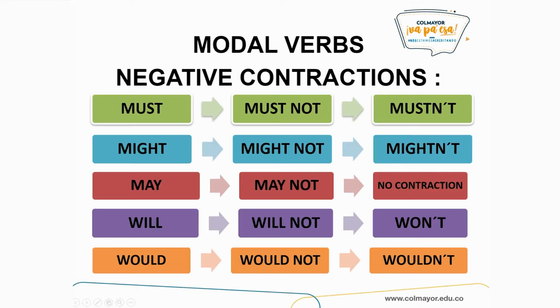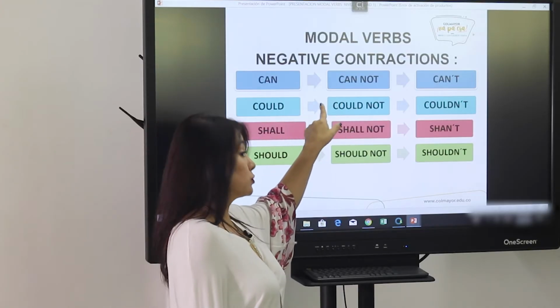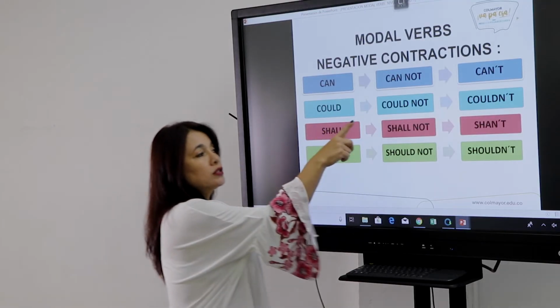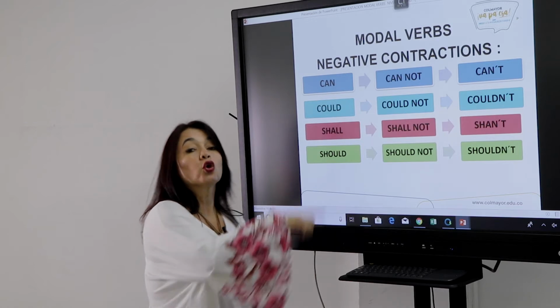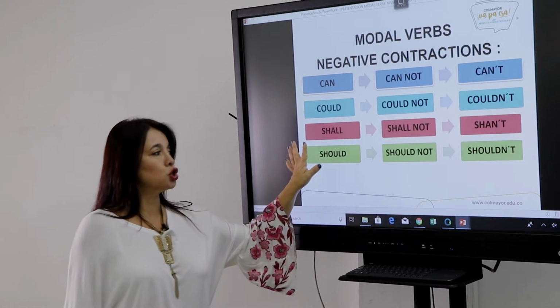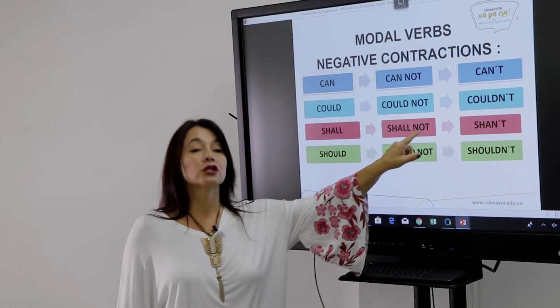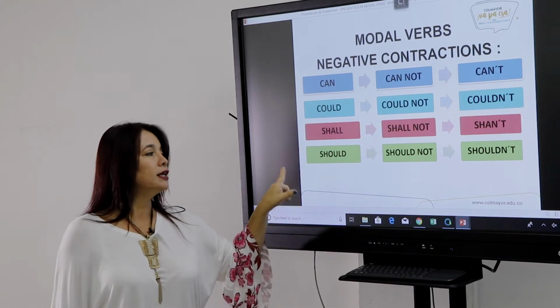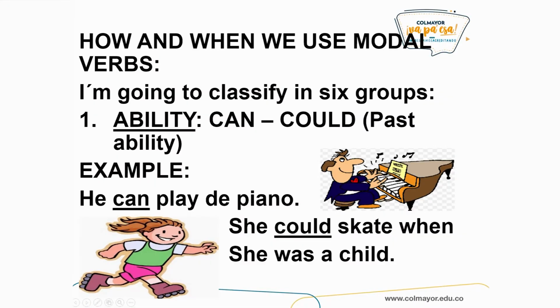Will not, the contraction is won't. Would not, wouldn't. Cannot, can't. Could not, couldn't. Shall not, shan't. And finally, should not, shouldn't.